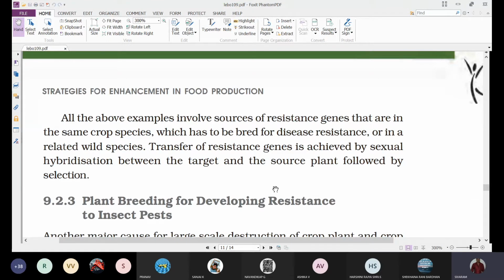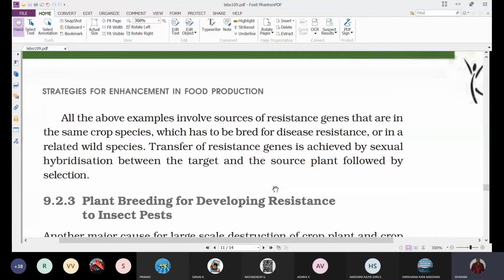At the same time, Abelmoschus esculentus, a new variety of crop called Parbhani Kranti, was developed by introducing the disease resistant gene. So all the above examples involve sources of resistant genes that are in the same crop species which has to be bred for disease resistance, or in a related wild species.